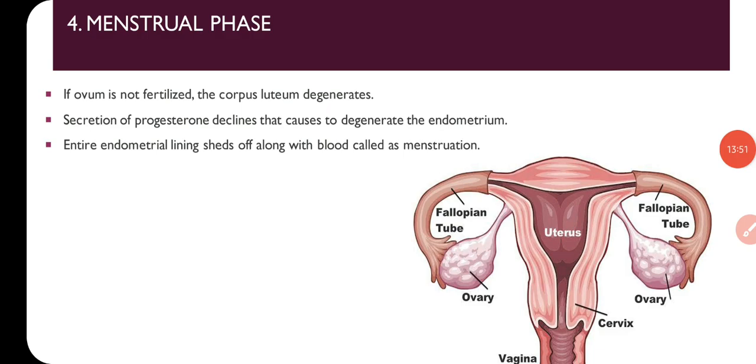If the ovum is not fertilized, the corpus luteum degenerates, and this phase is called the menstrual phase. Secretion of progesterone declines, which causes the endometrium to degenerate.